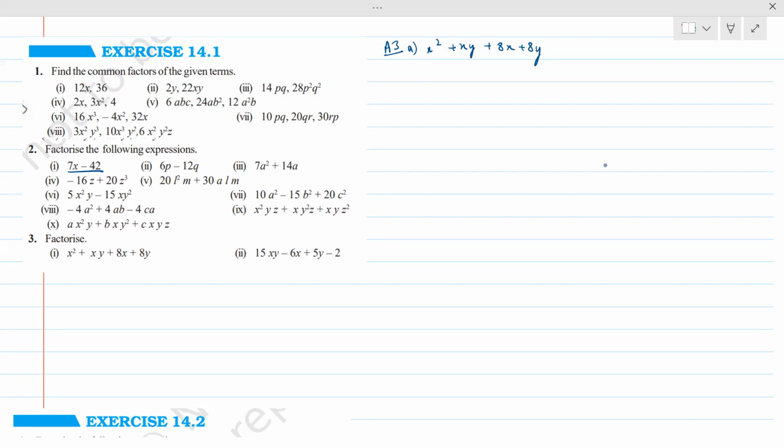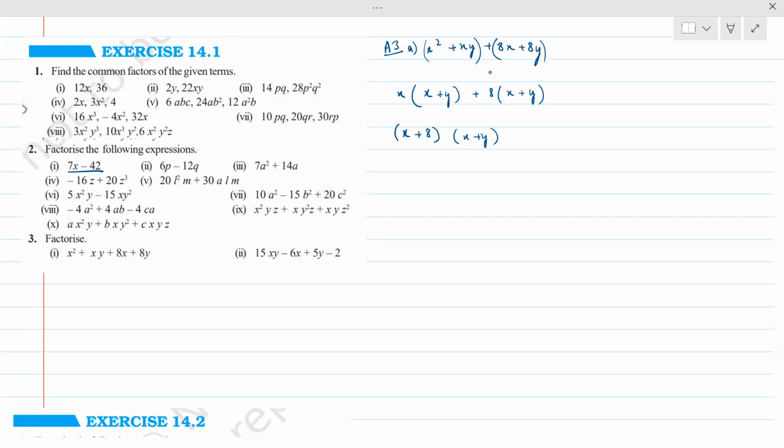You can factorize it differently: from the very first 2 terms, you can take x and then x plus y is remaining, and from the second you can take 8 and x plus y is remaining. We have made 2 groups like this and took the common. So it is x plus 8 one factor and x plus y one factor. So this is how we factorize it.